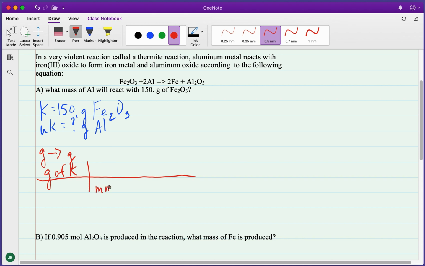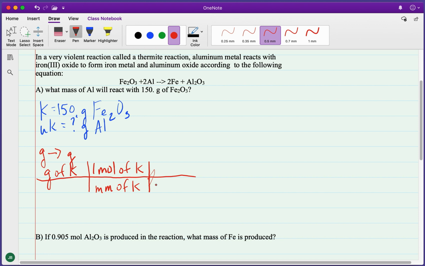And whenever we use the molar mass of the known, we always put that with 1 mole of the known. Remember, it's important that you can get those grams into moles, because that is what's going to allow us to go to the mole ratio.